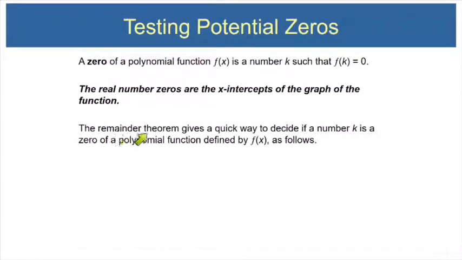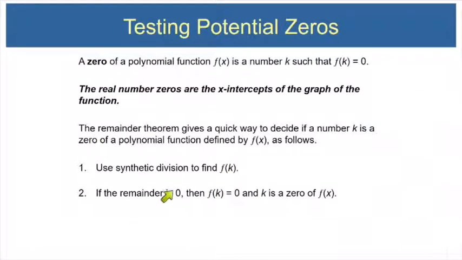Now, we're going to keep using the remainder theorem because that synthetic division process gives us a quick way to know if a number k is a zero of a polynomial function defined by f of x. So what we're going to do to find out if a given number k is a zero of our function is we're going to use the synthetic division process to evaluate f of k.